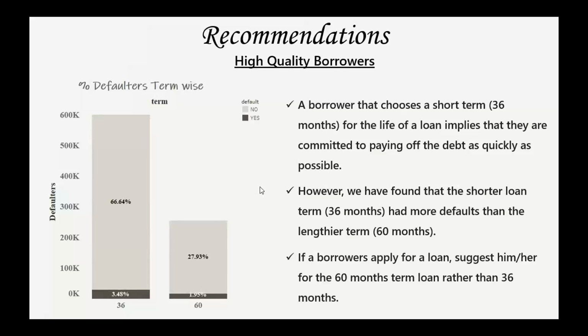Now we thought that if we suggest the borrowers to take the 60-month term plan, the money would take a lot more time to come back to our client, the financial institute, but they would have the assurity that the money is coming back, because extending the term plan directly affects the installment amount which the borrower has to pay, and also there would be more interest amount generated as the term plan increases. So this was our first recommendation, to suggest the 60-month term plan.